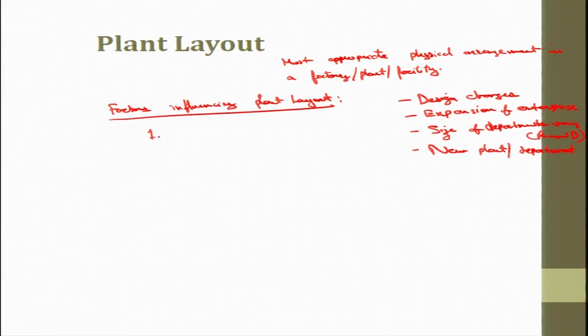Then process layout. Before I actually discuss the layouts, what factors influence? Number one, I can say, is processing time. Okay, before taking this, I would just like to list the kinds of layouts that we have. The first kind of layout that I would like to talk about here is the process layout.